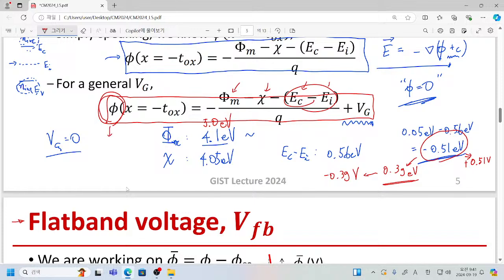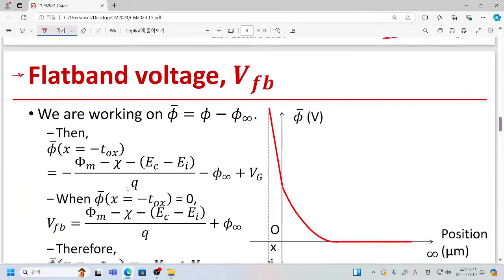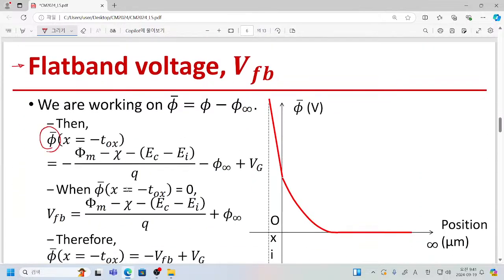However, this is just phi, the electrostatic potential. The quantity we are using currently is not this electrostatic potential, but the electrostatic potential referenced to the deep substrate. So if we have this phi bar, referenced to the deep substrate, then of course we have this reference value. Nothing has changed.